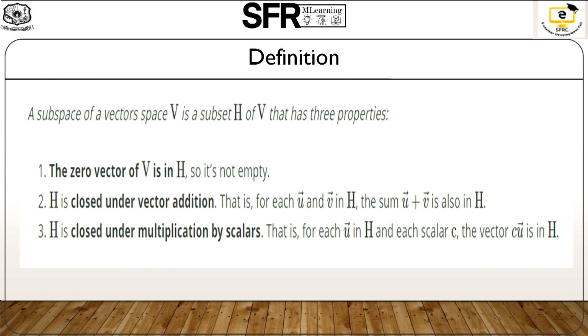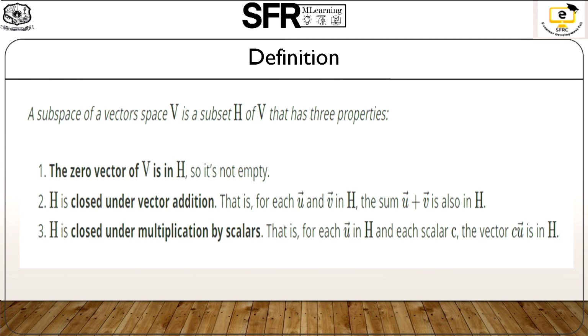That is, if u and v are in H, we have to show that u plus v is also in H. This is the second condition of a subspace. Then the third one is H is closed under multiplication by scalars.